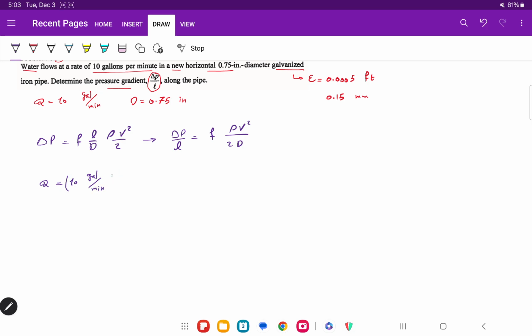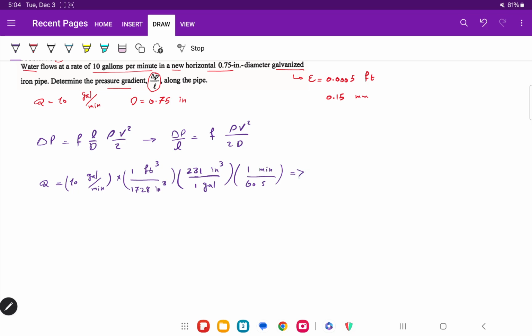We should multiply this by the conversions: every 1 gallon equals 231 cubic inches, and every 1728 cubic inches equals 1 cubic foot. And every 1 minute equals 60 seconds.